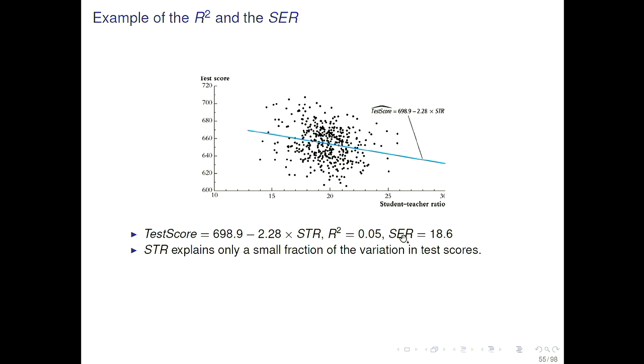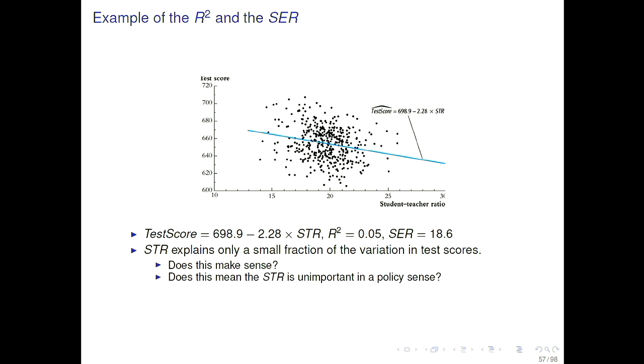Because R squared is very small, we can say that STR explains only a very small fraction of the variation in the test score. Does this make sense? I'll say it makes sense because, like we discussed before, this is too simplified. The test score can be determined by many other elements. So later we are going to include additional regressors to increase the fit of the estimation.